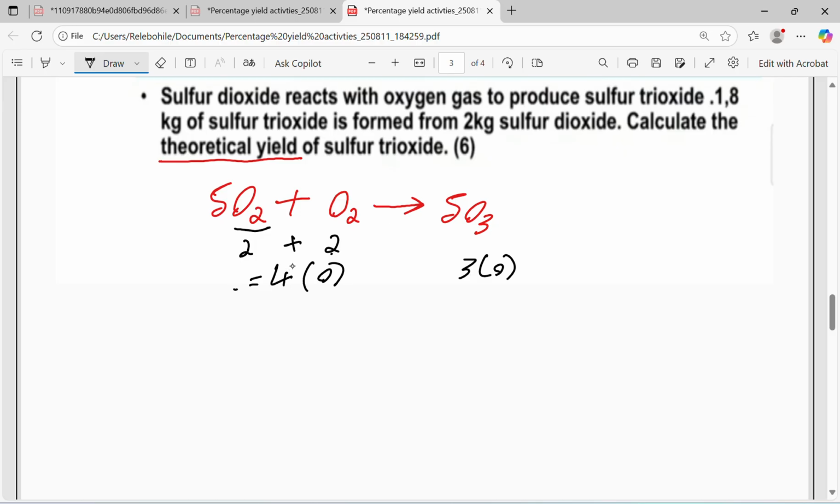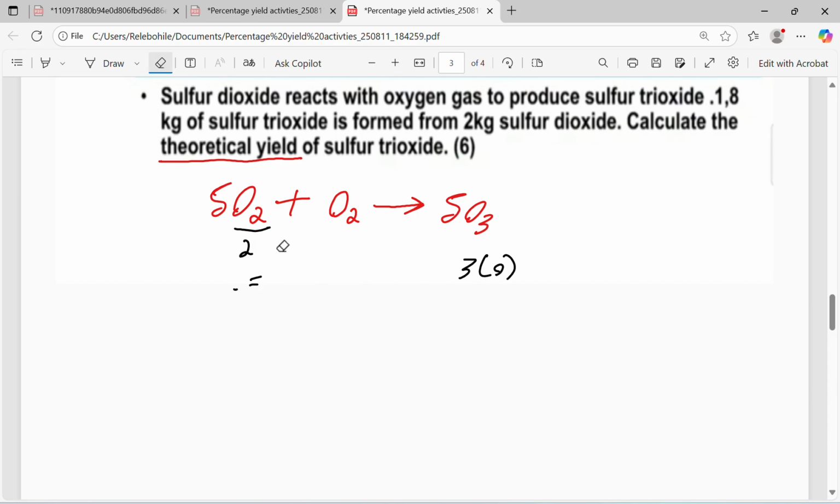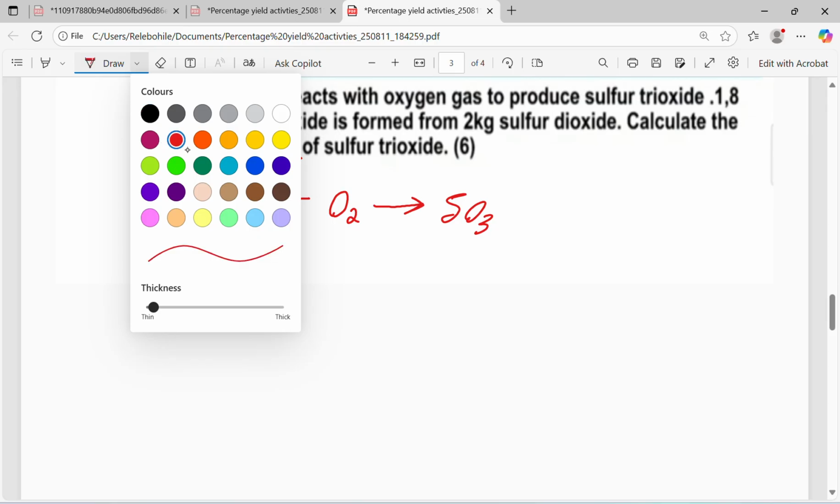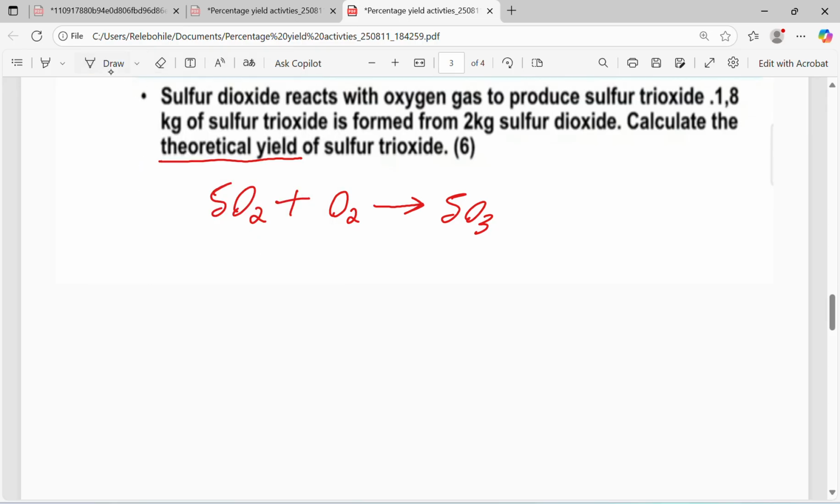So the question is, how am I going to balance my equation? Well, there's a method, or system, I use, called the crisscross system. How do I work with the crisscross system? Since I have 2 oxygens this side, I focus on 1 oxygen.